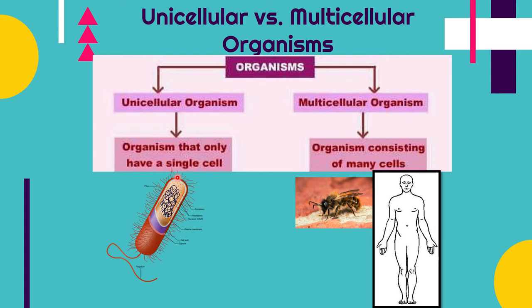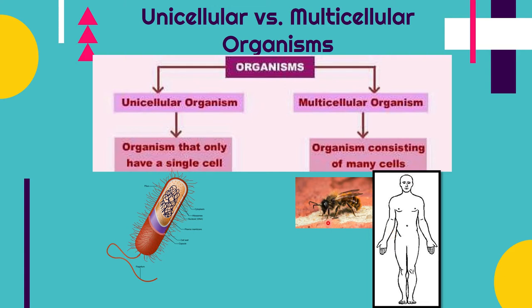Okay? Then on the other hand, we have multicellular organisms. So from the term itself, multi meaning many or daghan. So multicellular organisms, these are organisms that are made up of many cells. So for example, we have, of course, the human organism. We also have other organisms that we can obviously see with our eyes, like this one.